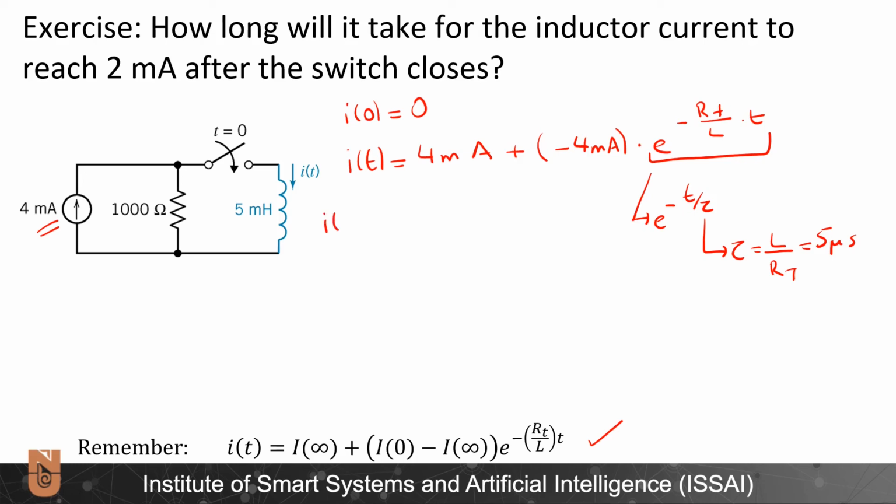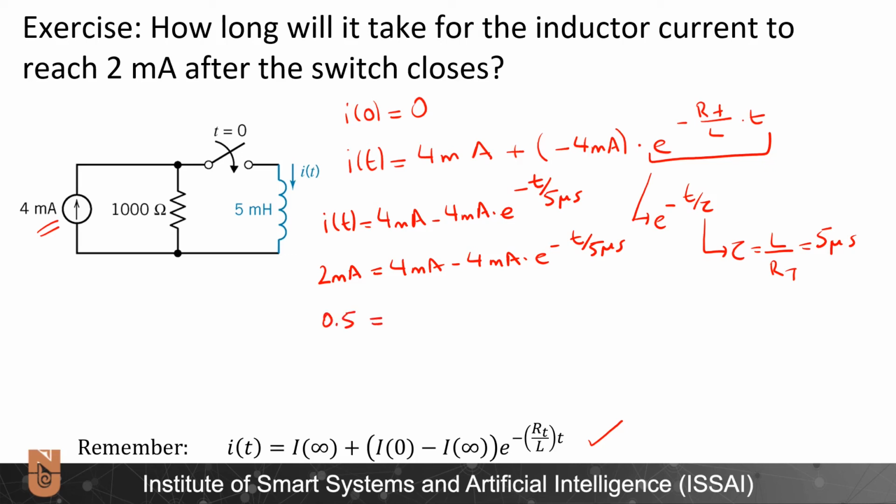Accordingly, I(t) will be equal to 4 milliamperes minus 4 milliamperes times e to the minus t over 5 microseconds. Now I need to figure out t when this becomes 2 milliamperes. 2 milliamperes is equal to 4 milliamperes minus 4 milliamperes times e to the minus t over 5 microseconds. Let's solve this. I end up with 0.5 is equal to e to the minus t over 5 microseconds.